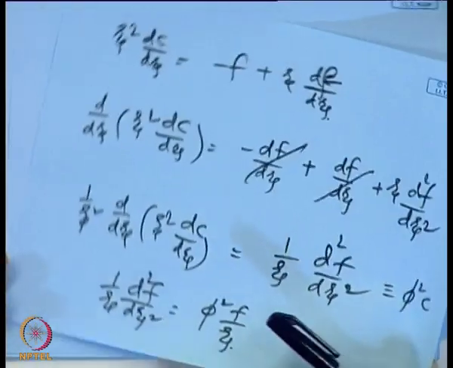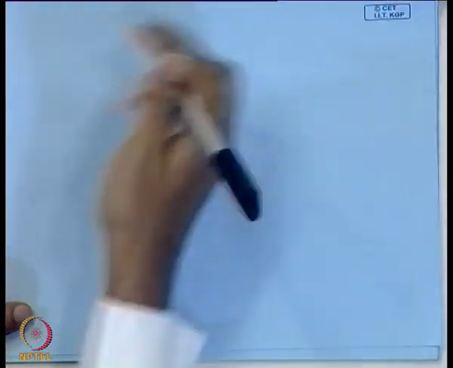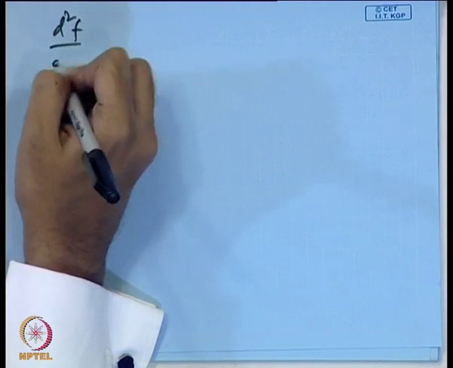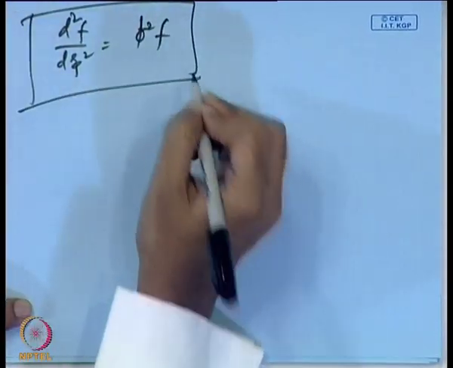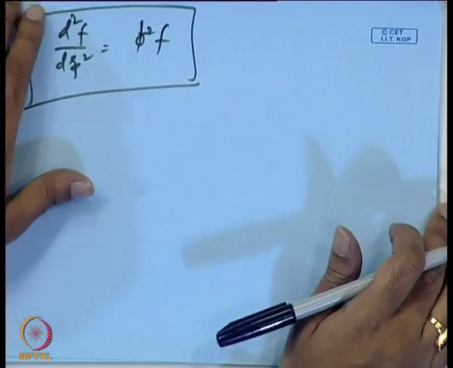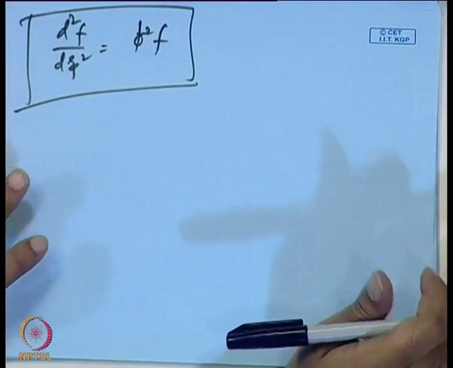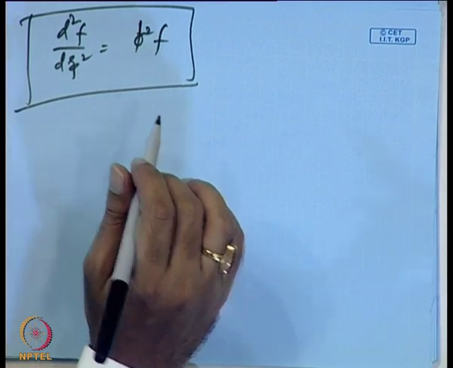Okay, so my equation becomes del 2f del psi square equals phi square of f. So this is the equation that you've solved before, right? And the solution is cosh and sinh. Okay. So the only thing that is now left is the boundary condition.